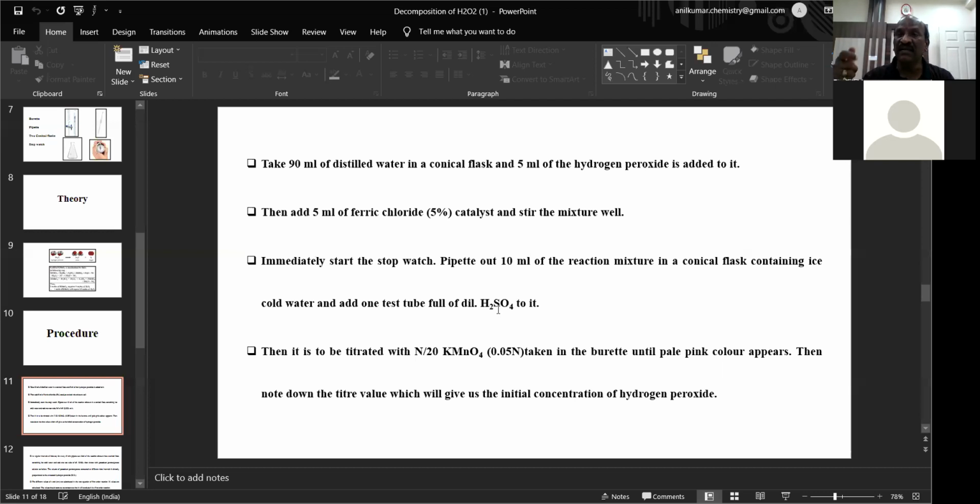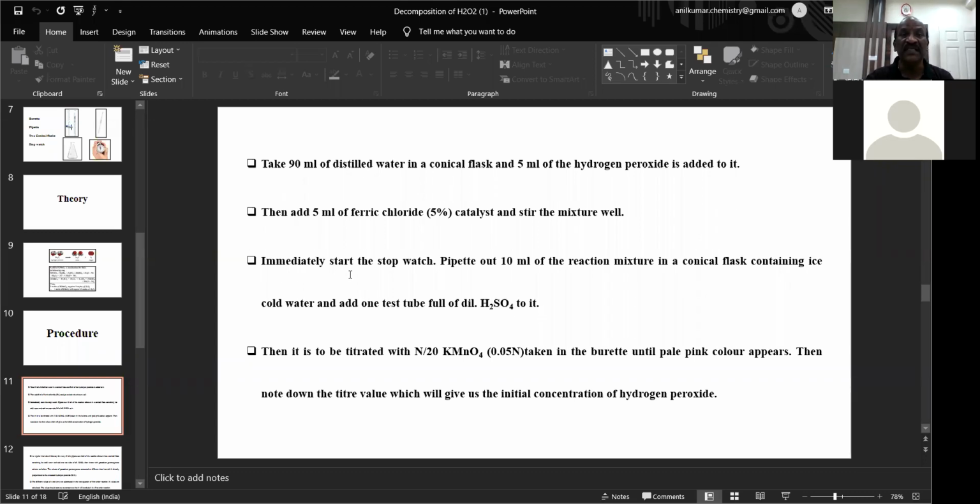At the end point the colorless solution becomes light pink. We stop adding the KMnO4, and we note down that value. That value we call V0. Why do we take the value at 0 time? At 0 time, whatever the volume of the KMnO4 consumed in that reaction, we note that down. That is very, very important.